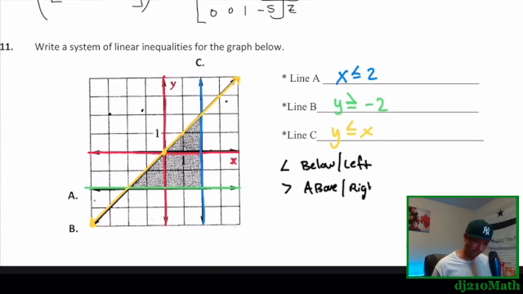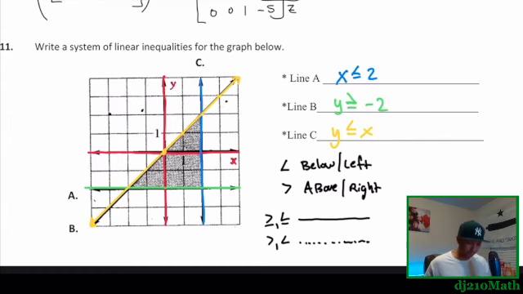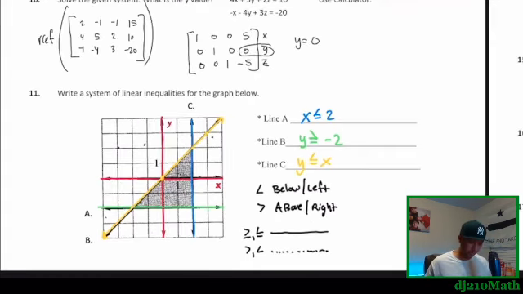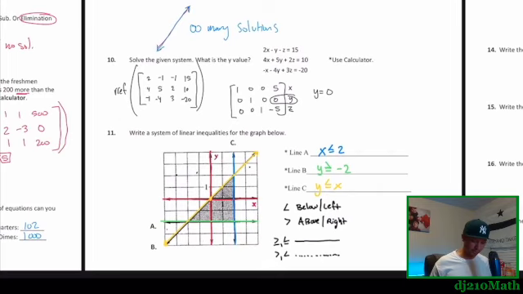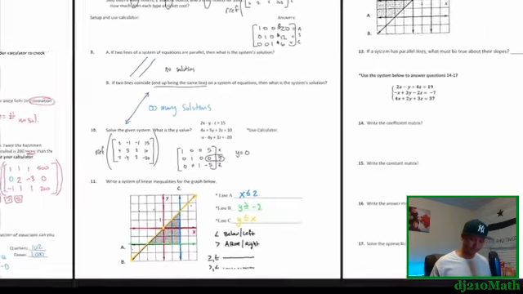Again, depending if it's an X. Less than or equals is a solid line, as is greater than or equals. So both of these are solid. Strictly greater, strictly less than is dotted. All right, those are the rules that I was basically stating. And just remember that X equals a number is a vertical line. Y equals a number is a horizontal line.